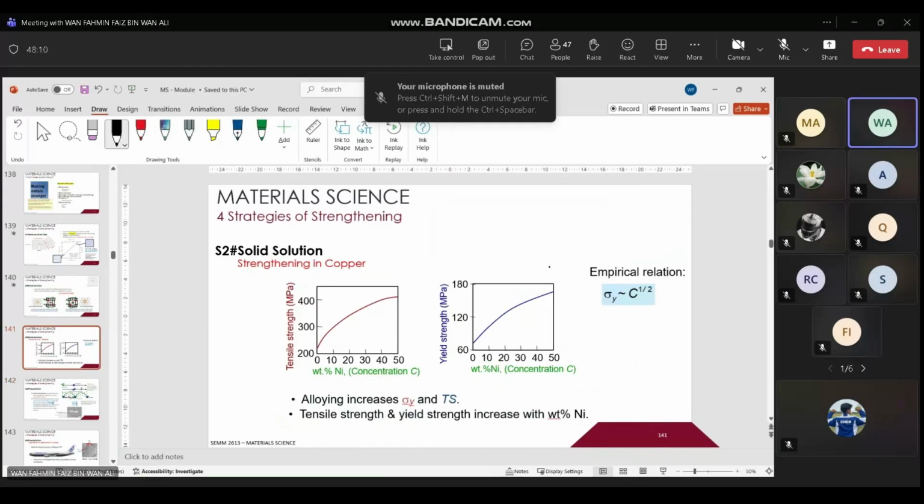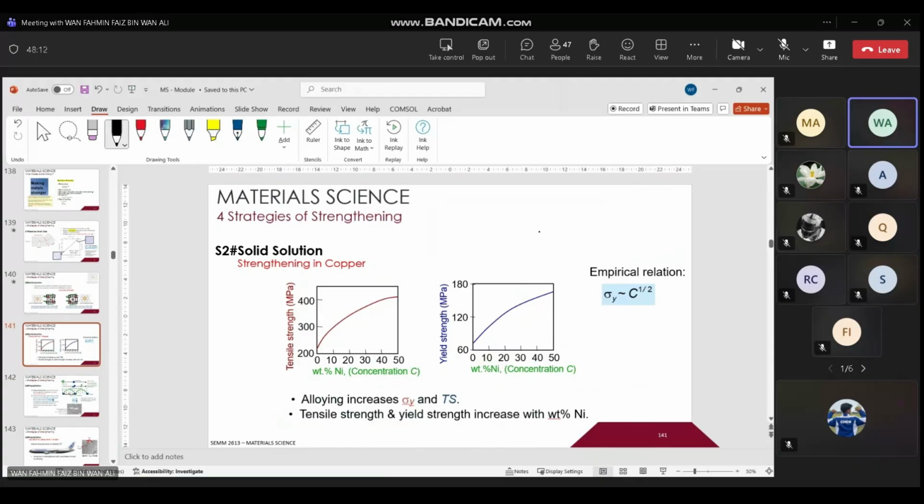All right. So these are the real applications. We look into the practical applications. For example, you have nickel and copper, right? Nickel and copper. Copper here.